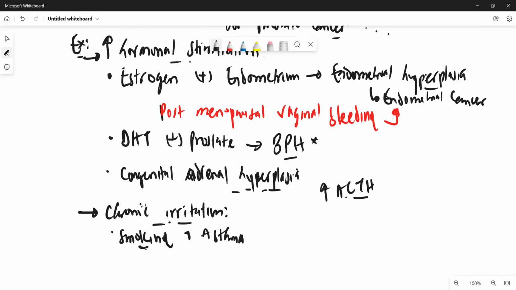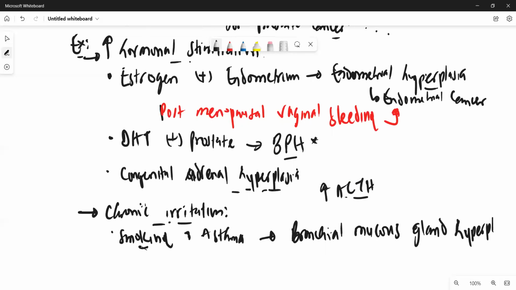So either smoking or asthma, recurrent exacerbation can stimulate the bronchial mucous gland, and we can develop hyperplasia of it.